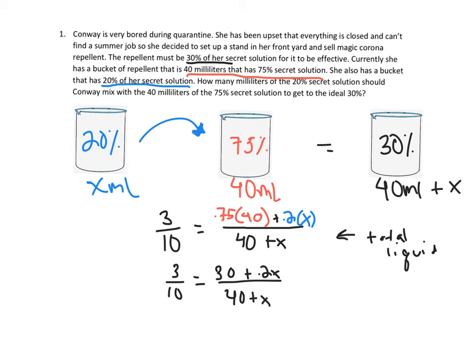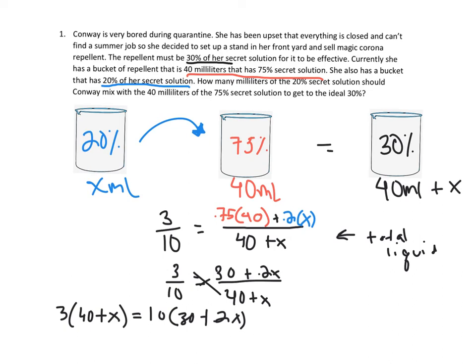Now if we cross multiply, what we end up with is 3 times (40 plus x) equals 10 times (30 plus 0.2x).